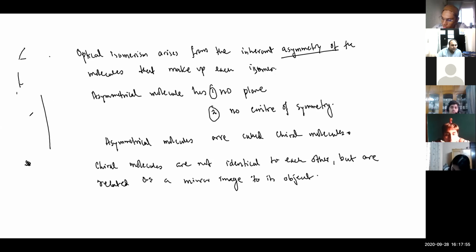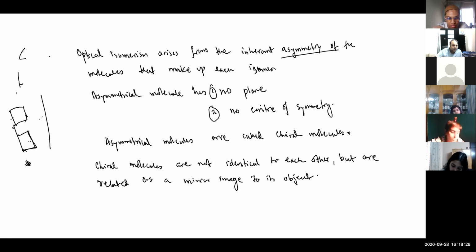Now if you take a chair which is a right-handed chair, a chair like this, and it has a table, let me make it a bit taller. So suppose this is a right-handed chair.